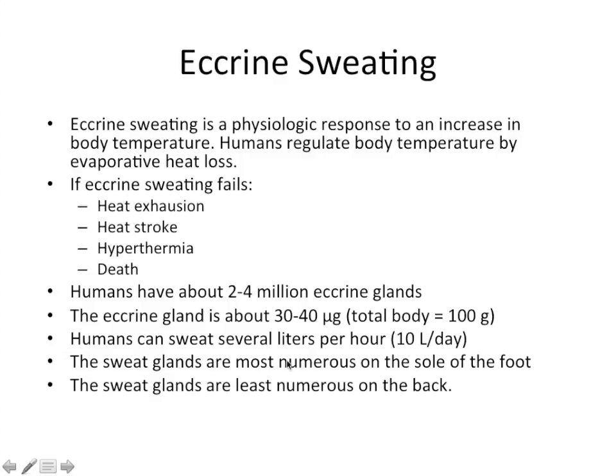We can sweat about several liters of sweat per hour, and this can reach as high as 10 liters per day. And in general, the sweat glands are most numerous on the sole of the foot, and the lowest density of sweat glands is found on the back, or you could say the dorsal region of the body.